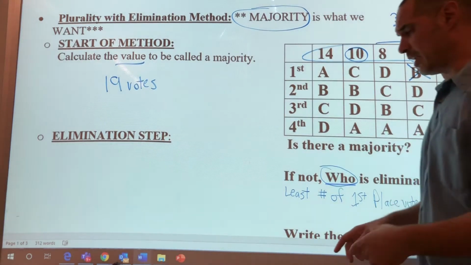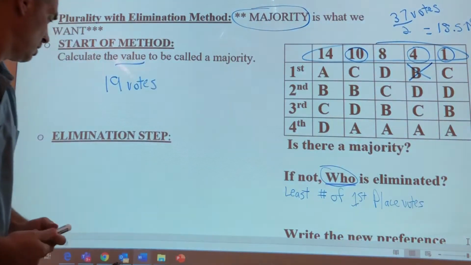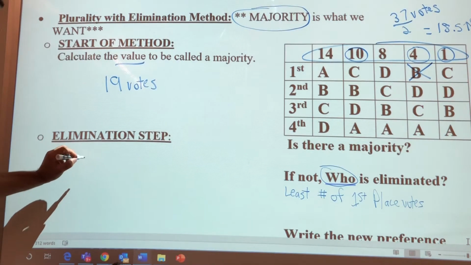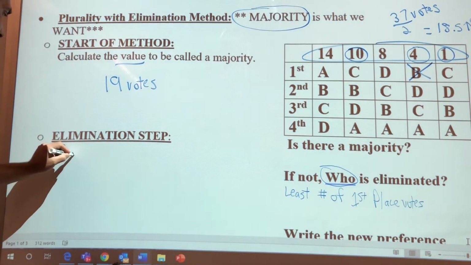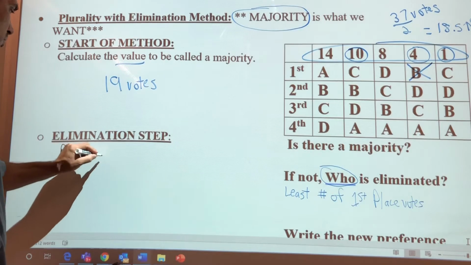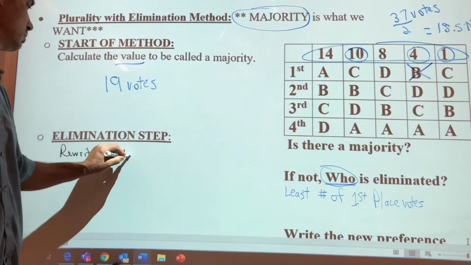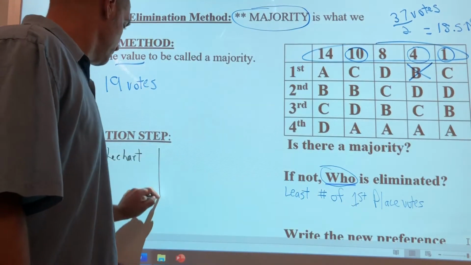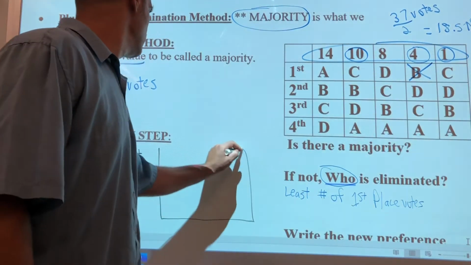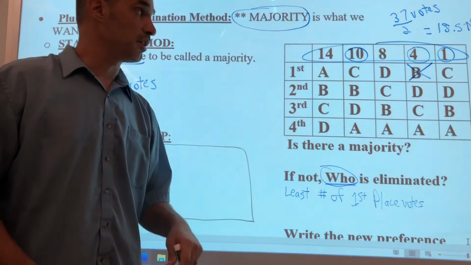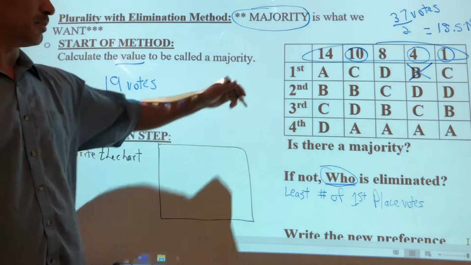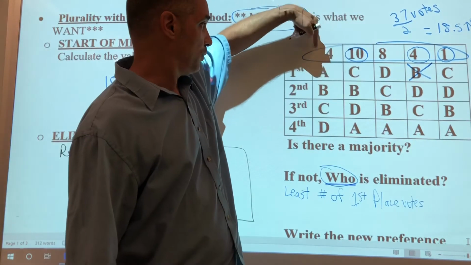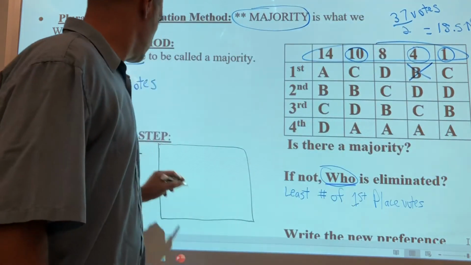And so what I'm going to do now is rewrite the chart. When I'm rewriting the chart, I'm going to write everything the same. It's going to be 14, 10, 8, 4, 1.